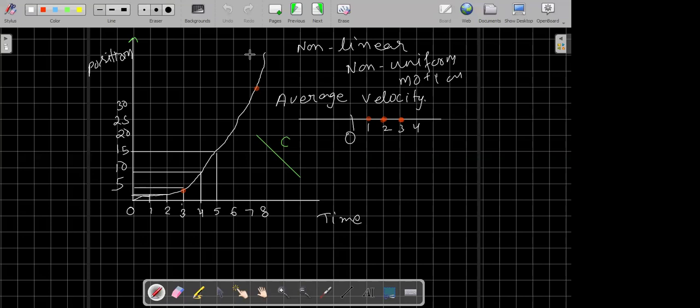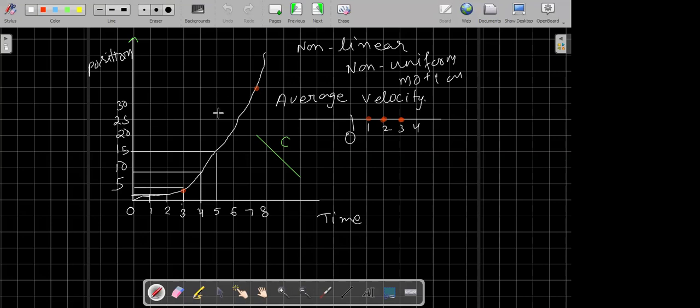The theoretical part has been completed, but we need to do some questions from the third law of motion and conservation of momentum. We have just initiated the conservation of momentum and the third law, right?